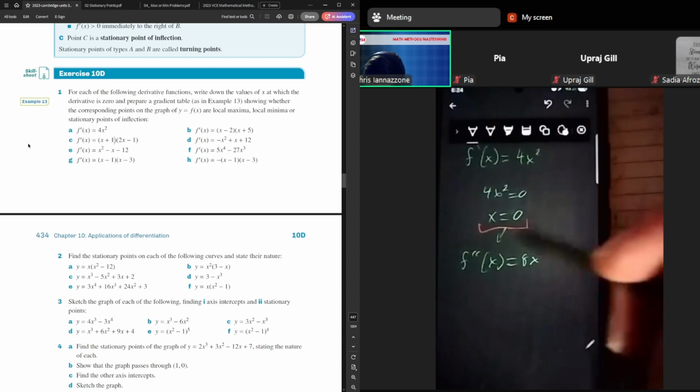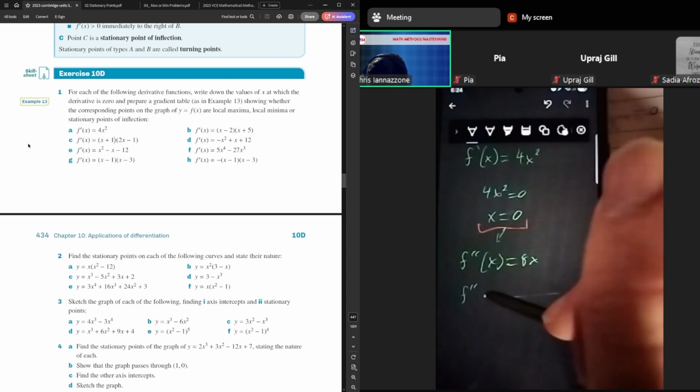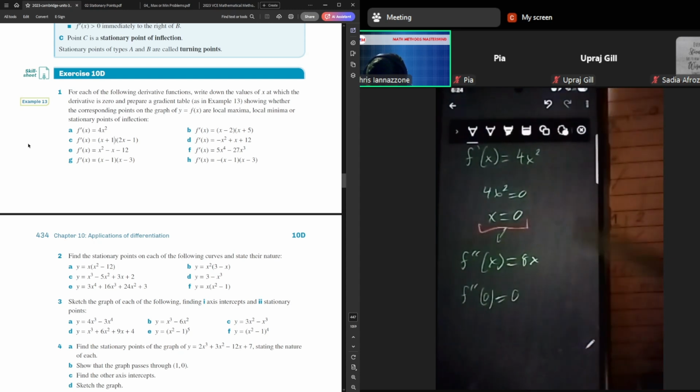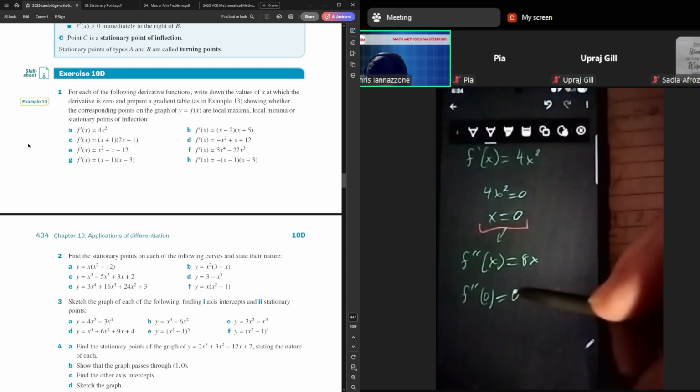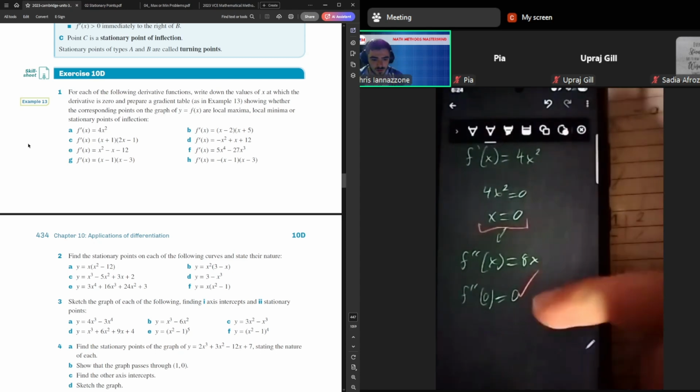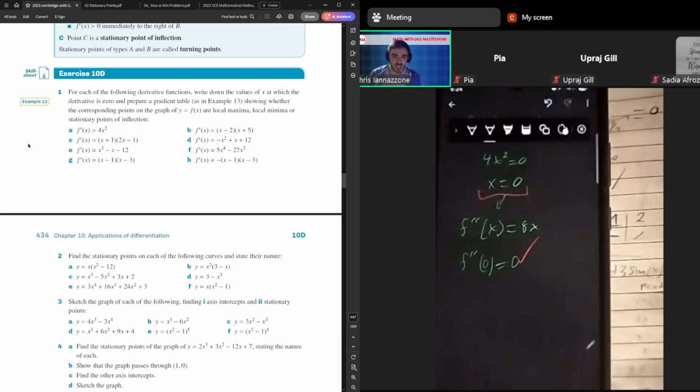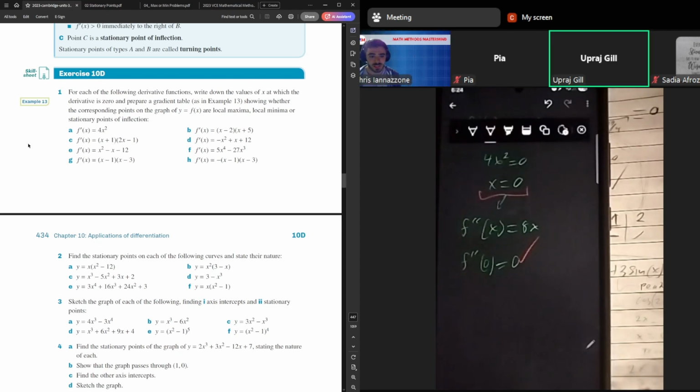That's the one that we want to test. So f dash dash of 0, 8 times 0 is 0. From here, what does it mean if our double derivative is 0? What type of point have we found? It's an inflection point or a point of inflection. Yeah, point of inflection. If you wanted to be super specific, you would say stationary point of inflection, but I'd be really shocked if someone pulled you up on that.